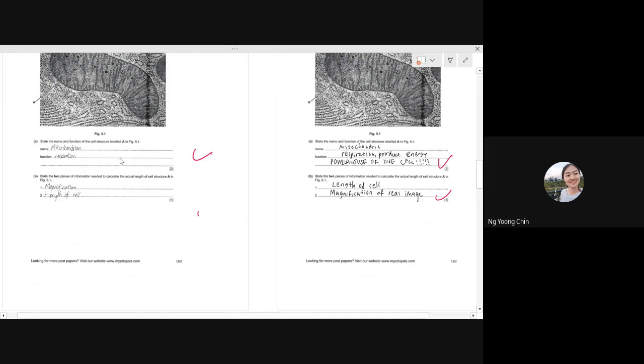For example, the function of mitochondria is definitely respiration, but what kind of respiration? You can write: to generate ATP energy from aerobic or anaerobic respiration.